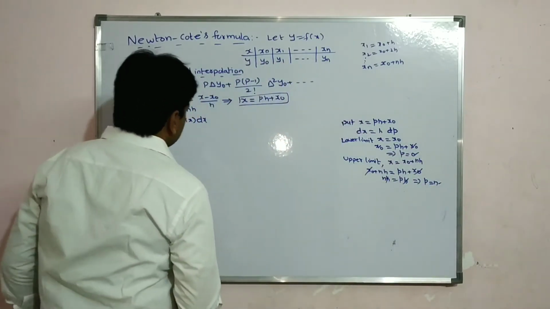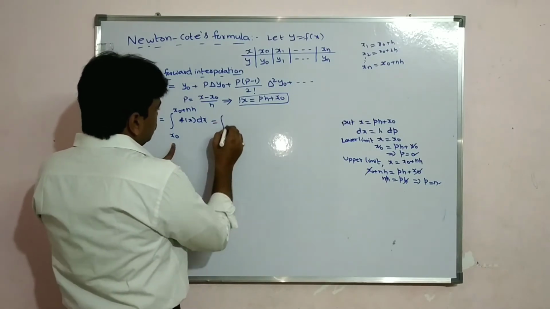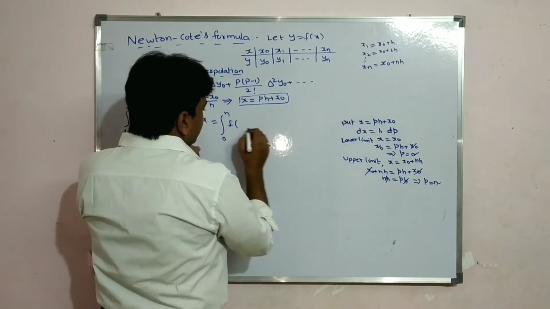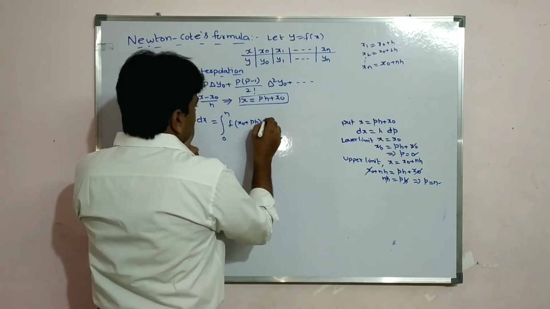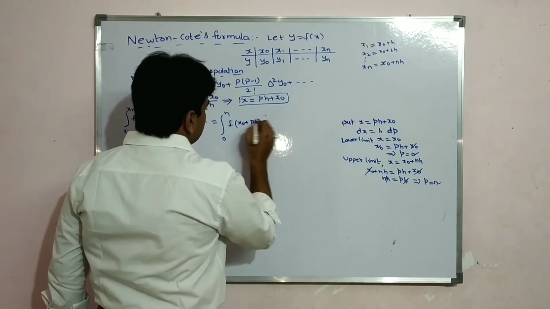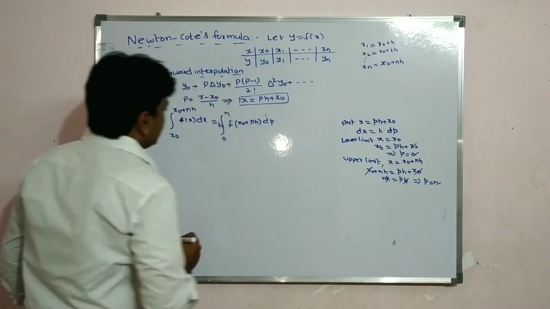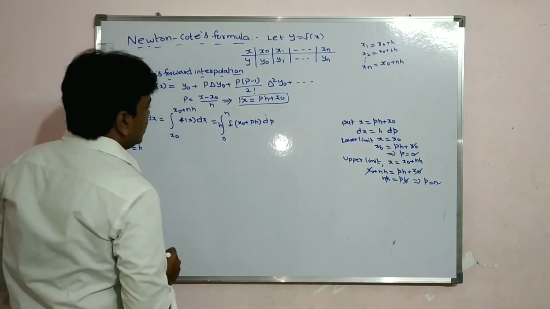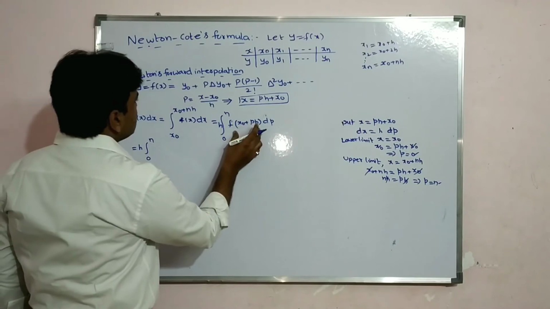So this can be written as integral 0 to n f of, what is x here? x naught plus ph into dx. Dx means h dp. So h is constant, so I write it outside the integration. That is equal to h into integral of 0 to n f of x naught plus ph dp.